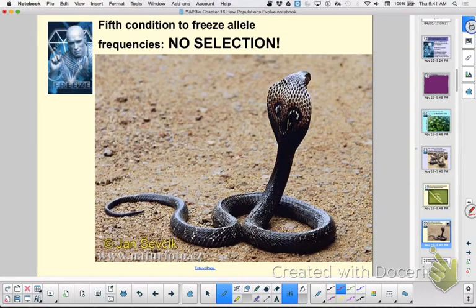Why did I pick this picture? What is this? Cobra. What's on the back of the top of his head there? What does it look like? Eyes. Do you think he's ever seen those eyes? No, he's never seen those eyes. Why would you see that adaptation in the cobra? Why do you think?